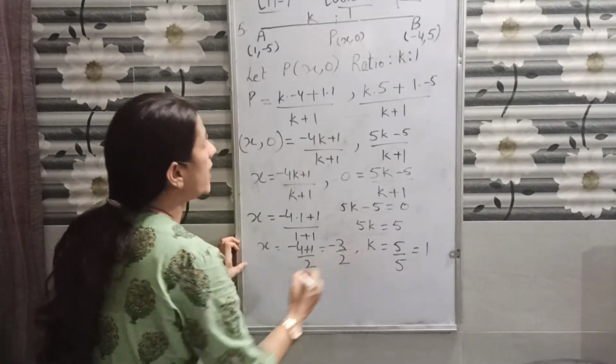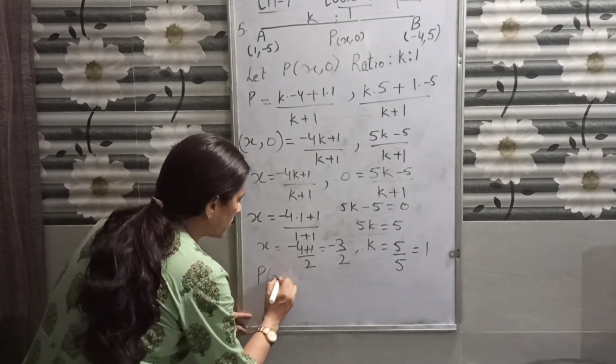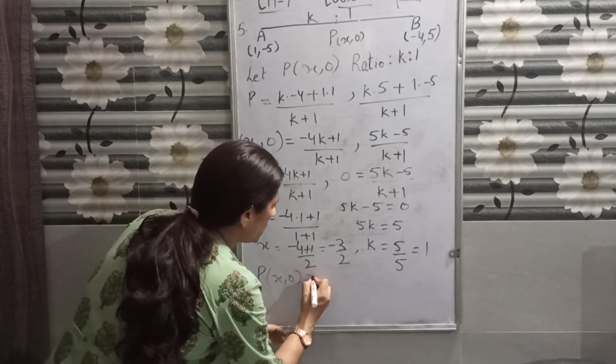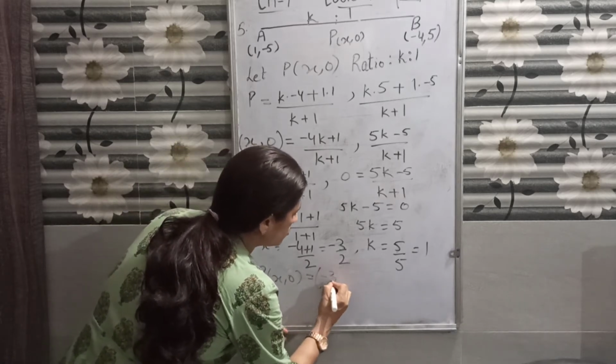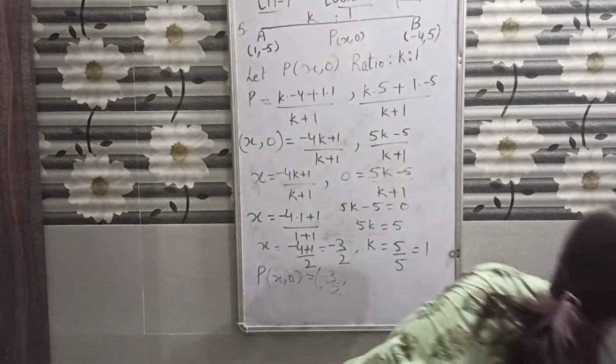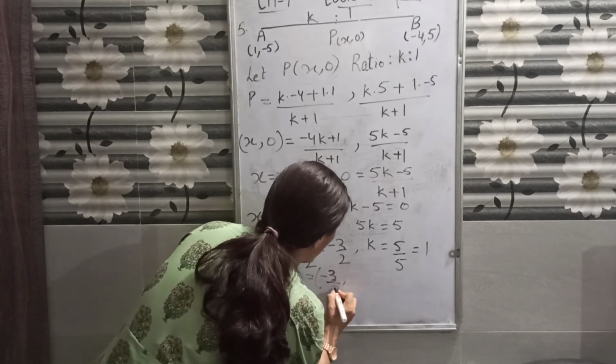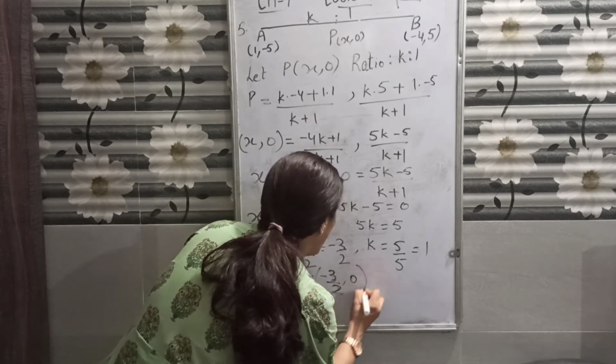So what is your answer? Now the coordinate of P is x0, so the coordinate will be minus 3 by 2, 0. And you have to find the ratio.